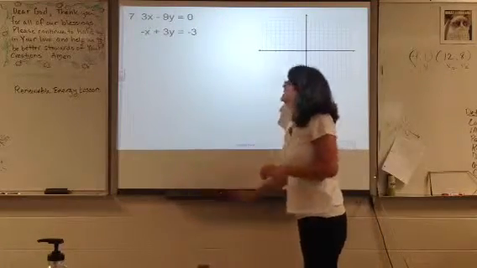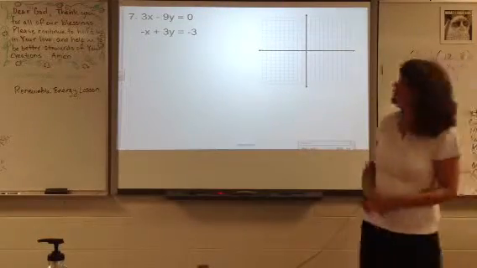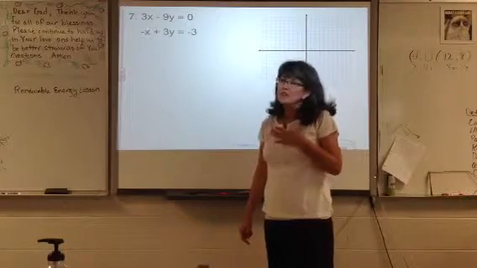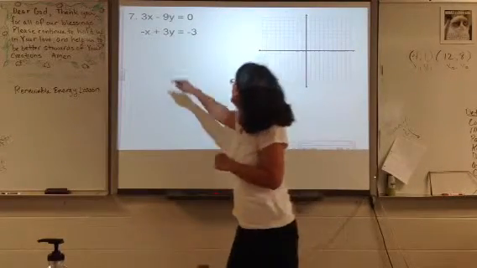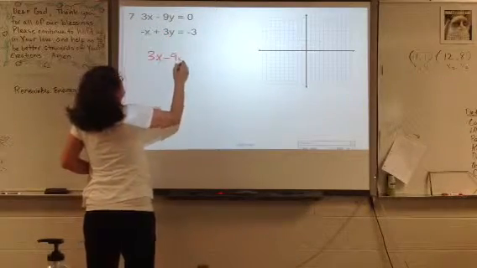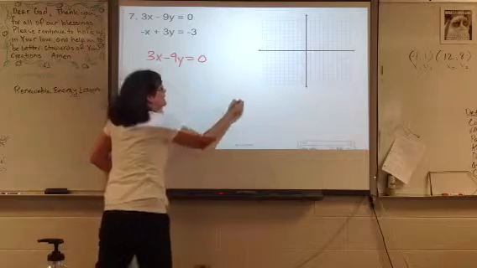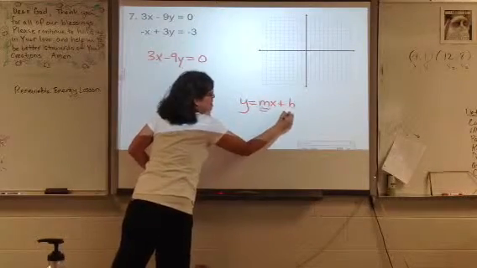In this next system, I've got some kind of nasty numbers to work with. I always feel like it's easier if I put them in slope-intercept form, so that's what I'm going to do. I'm going to get it in this form, y equals mx plus b, slope, y-intercept.